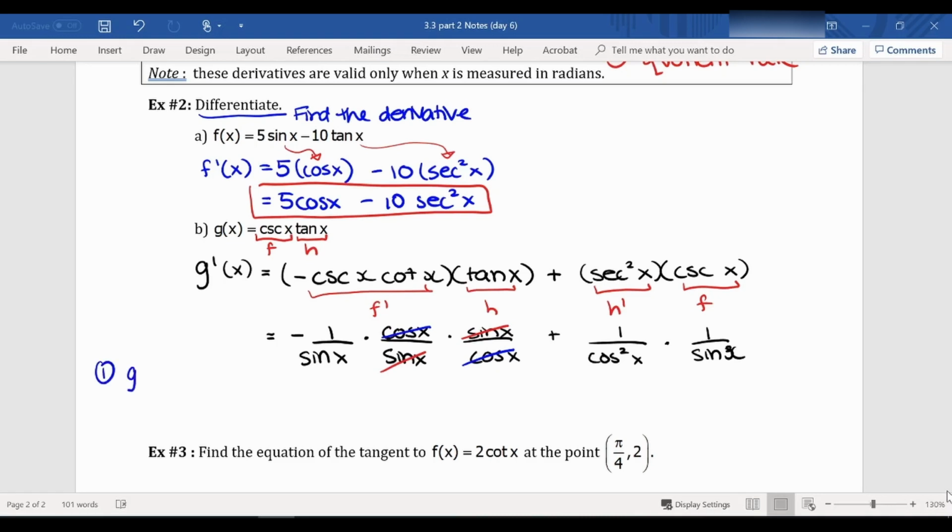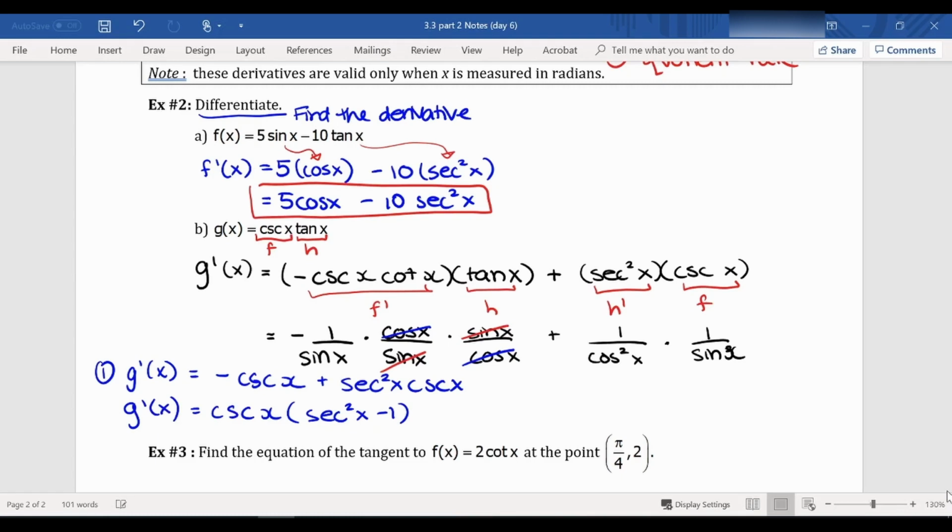One option is to say g prime is equal to negative cosecant x, because everything else canceled out, plus secant squared x cosecant x. I could leave it here, but probably what I should do is factor out a cosecant x and rewrite this as secant squared x minus 1. I can leave it like this. This is one option.